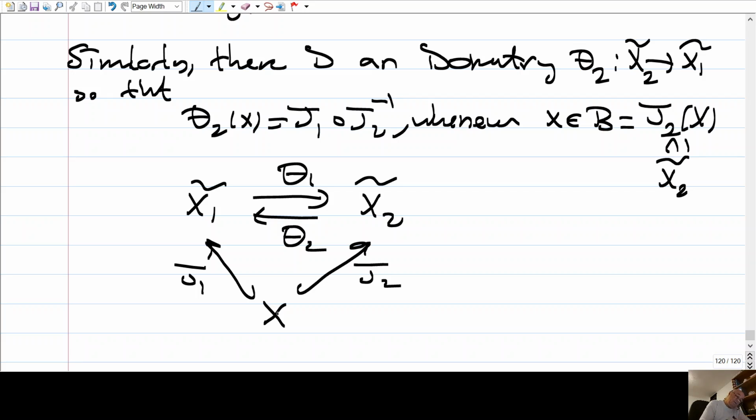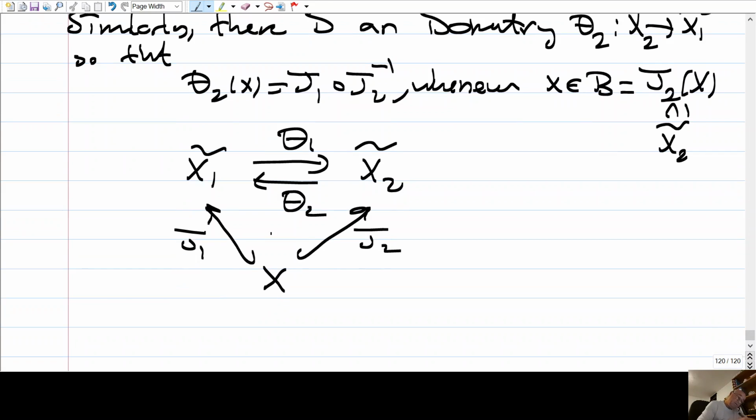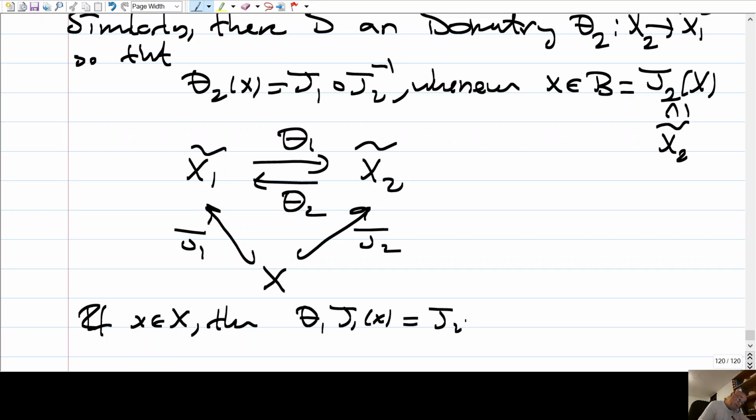If x is in x, and I go first with j1 x and then theta 1, this is just j2 x.